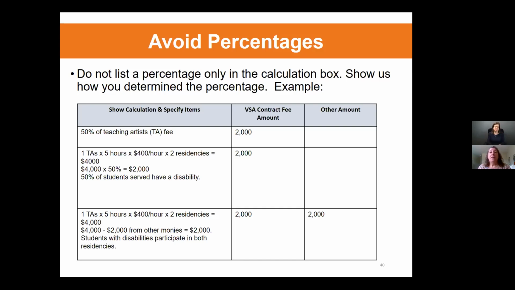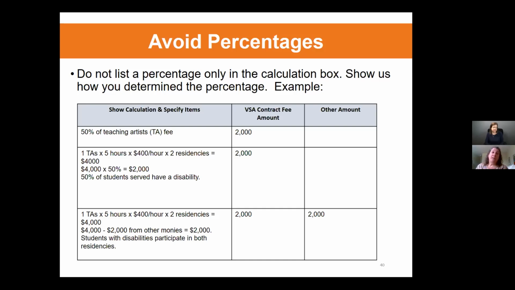One teaching artist will work for 5 hours for 2 residencies at the rate of $400 per hour. The budget also indicates that 50% of this cost was selected for the contract fee because 50% of the students being served are students with disabilities.